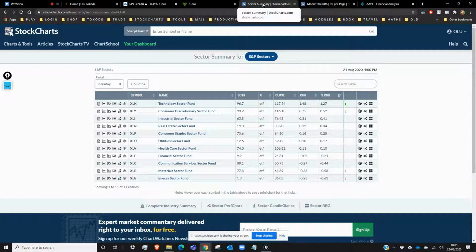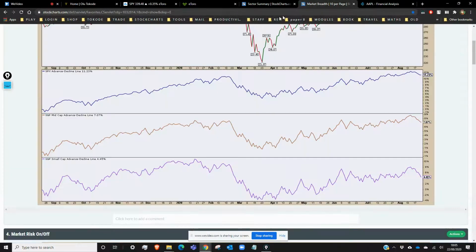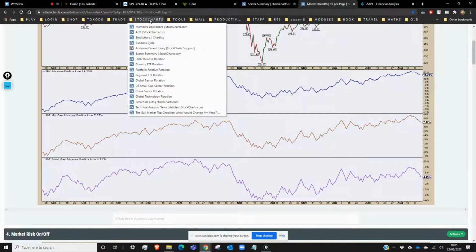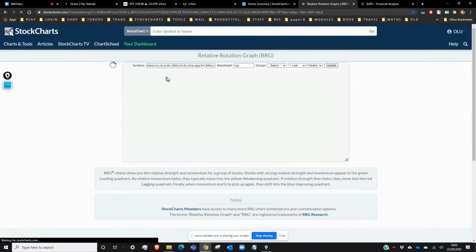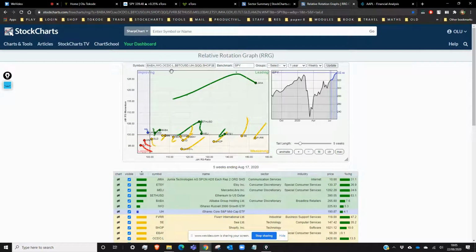This week, because I have taken profits in some stocks, the portfolio is no longer the same as it was when I created the portfolio. So I have to remove some of the stocks I have already taken profits from. So this was last week's portfolio, my marketplace portfolio.